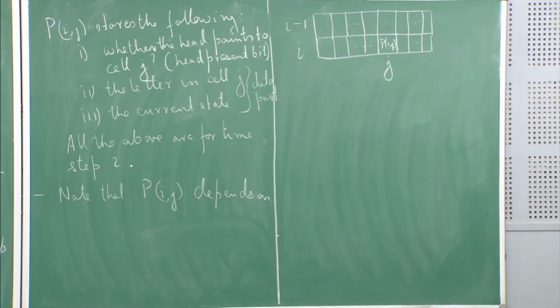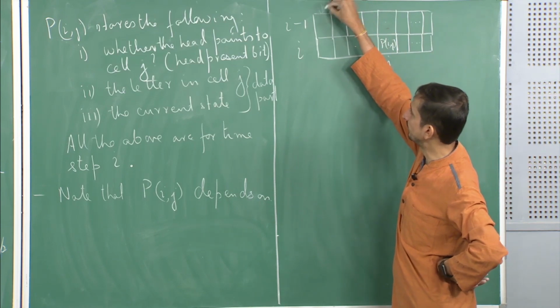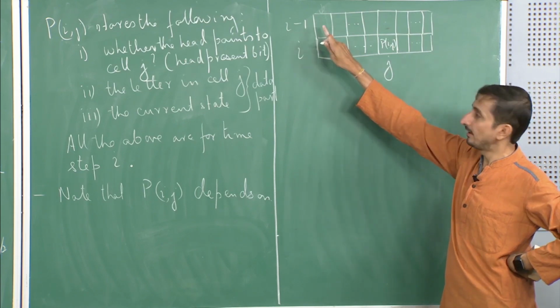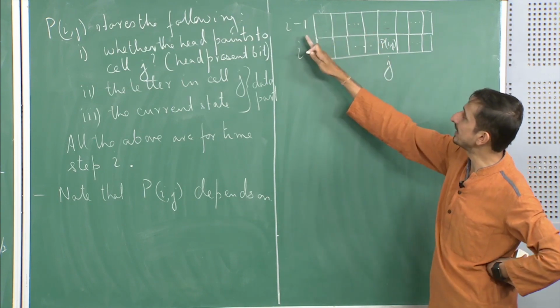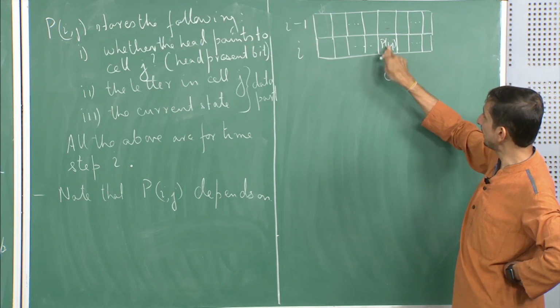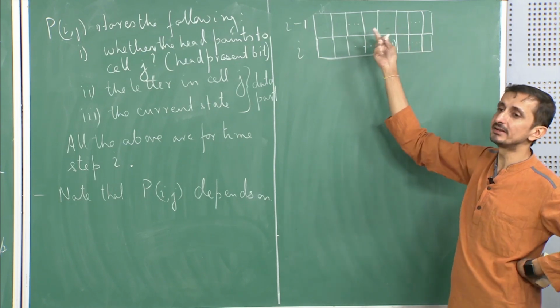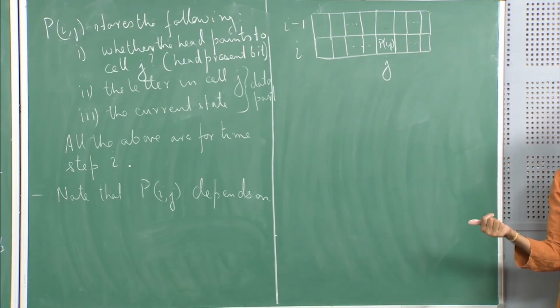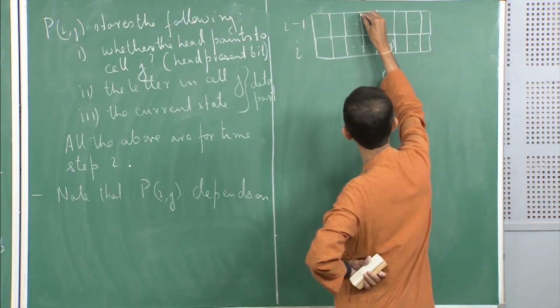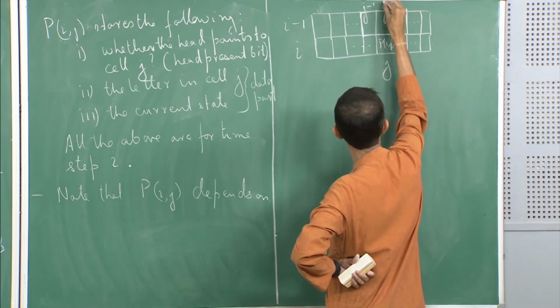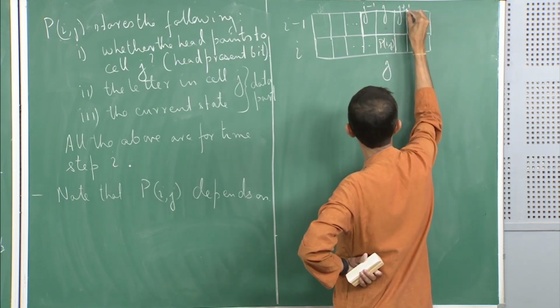What does it depend on? Suppose the head is pointing to some position over here. If it is beyond j minus 1 or after j plus 1, then it cannot affect this, and whatever was here, the same thing gets copied over here. Only the neighboring cells will decide whether the value changes or not, whether that character changes or not. So basically it will depend on just these three cells: j minus 1th cell, jth cell, and j plus 1th cell.